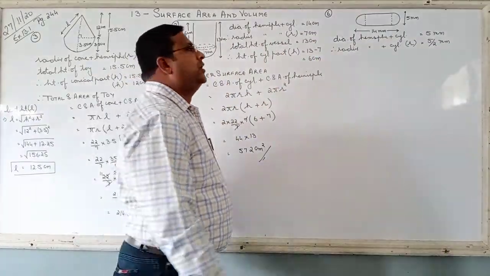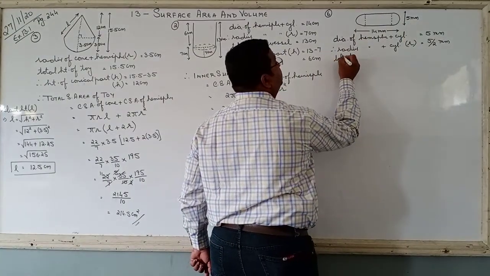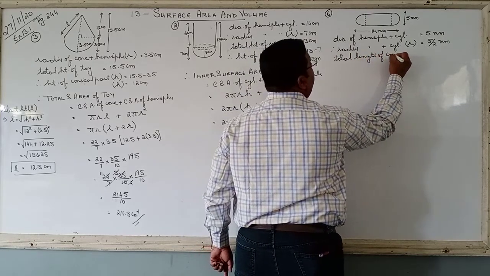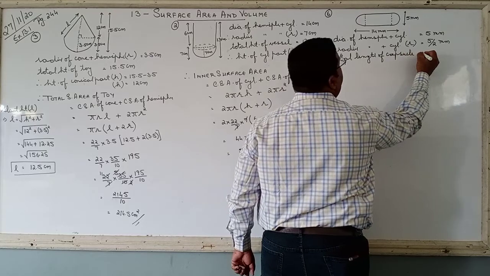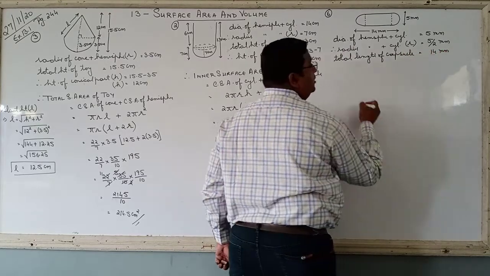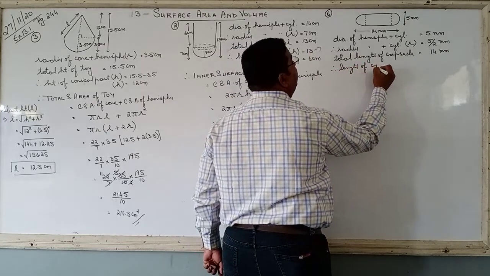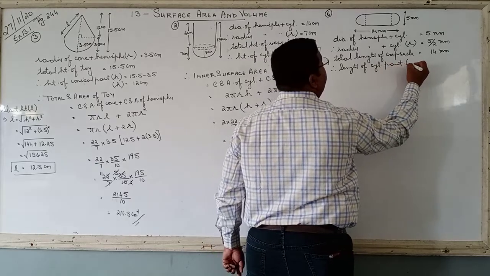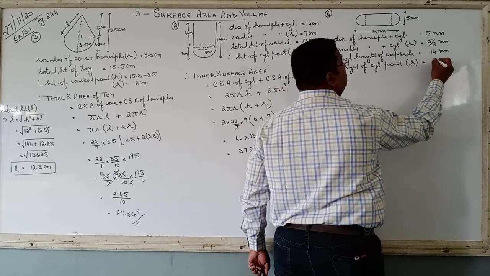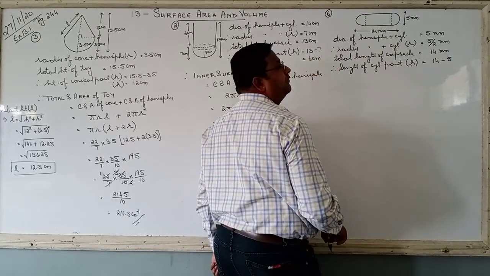It will help you. The total length of this capsule is equal to how much? 14 millimeter. So the length of the cylindrical part, that is h, the height, is equal to 14 minus how much? 14 minus 5.